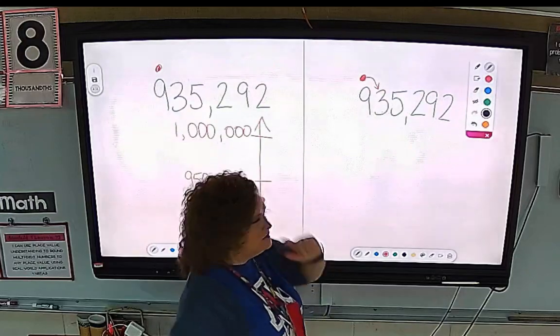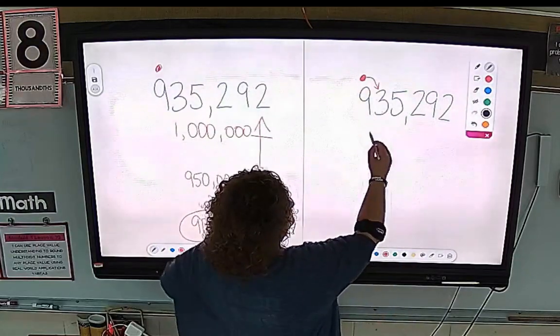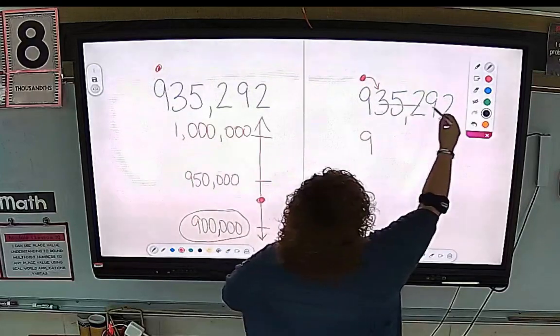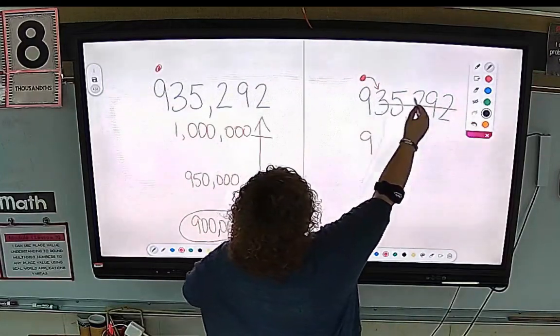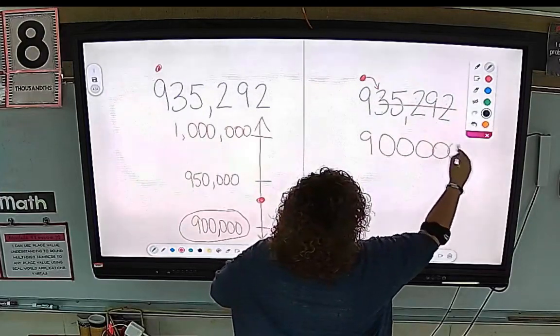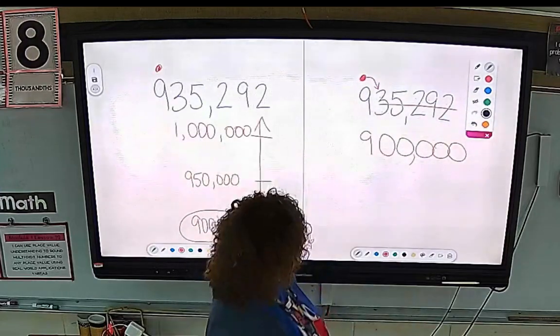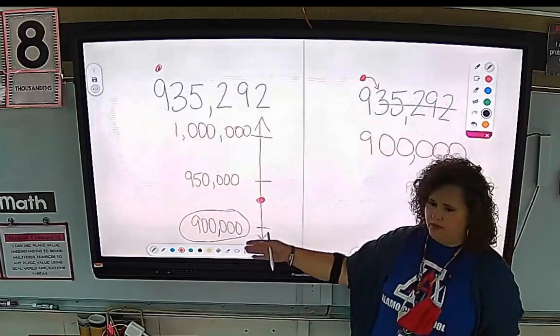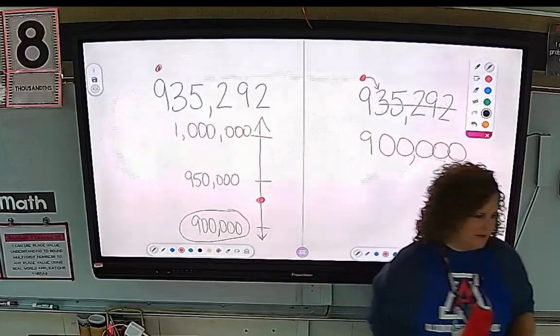Since it's not, the 9 gets to stay. All those turn to 0. So we've got 1, 2, 3, 4, 5 zeros. Okey-doke. 900,000 this way. 900,000 this way that we can actually see on a number line.